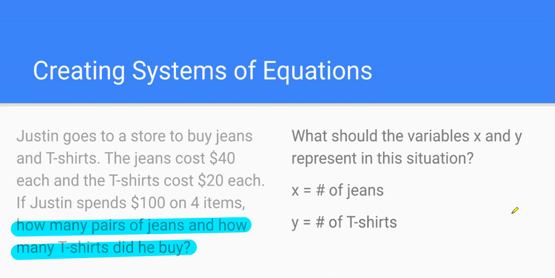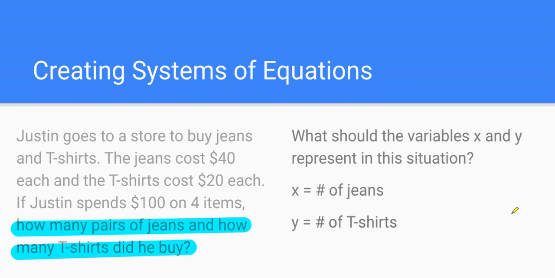I don't think that this is a small thing to do. I think this is an important thing to do because that would allow you to say, okay, now I know how I have to be thinking about all the rest of the information that this problem gives me. So having that, and don't just say x is equal to jeans and y is equal to t-shirts. Specifically, it's the number of jeans, not the cost of the jeans.